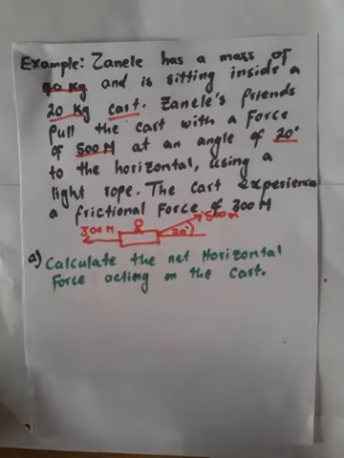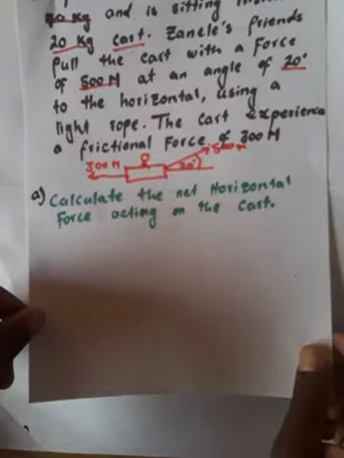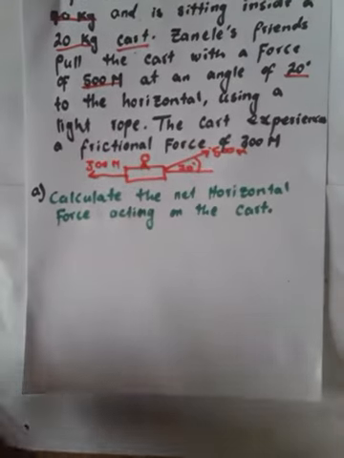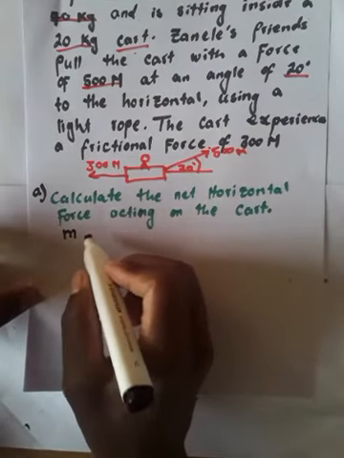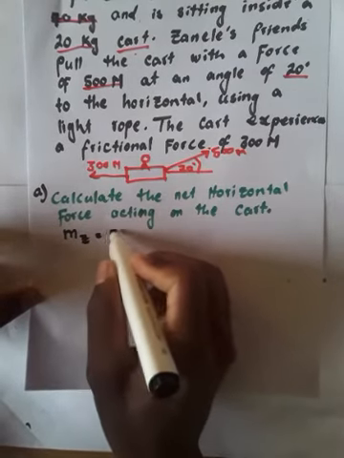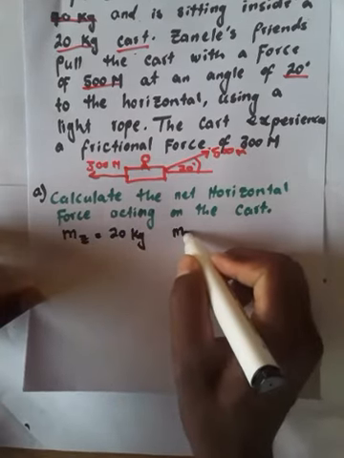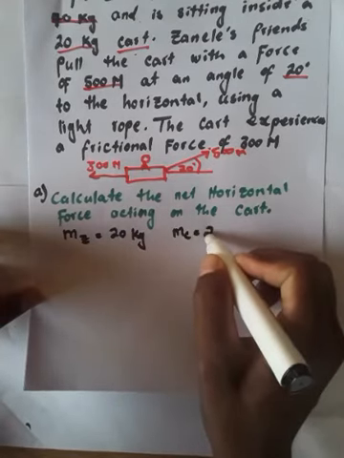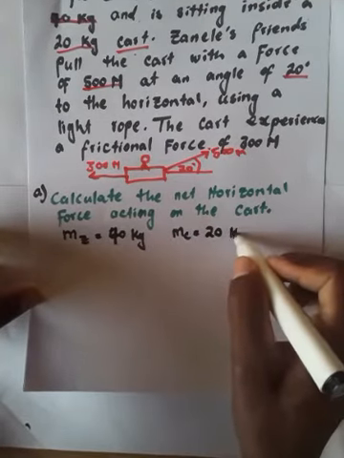So, one, the net horizontal force. How do we calculate that? Let's write everything we're given. The mass of Sanel is 40 kg, and the mass of the cart is 20 kg.